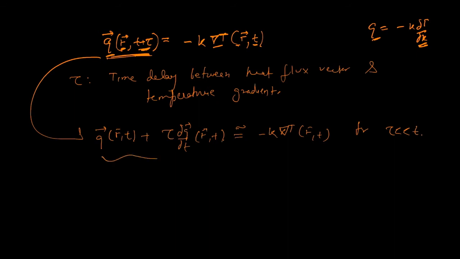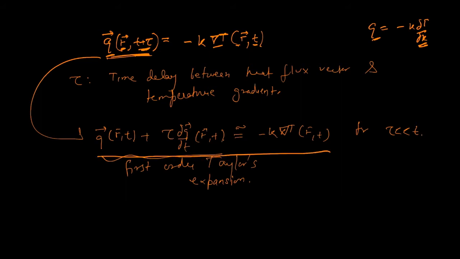So basically this is a first order Taylor expansion. If we apply it, we get this equation, which is the same as what we had written in the previous slide, and we get the same thermal wave equation, where the thermal wave speed is 57.7% of the speed of sound.